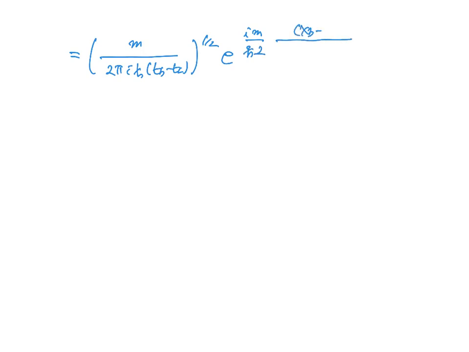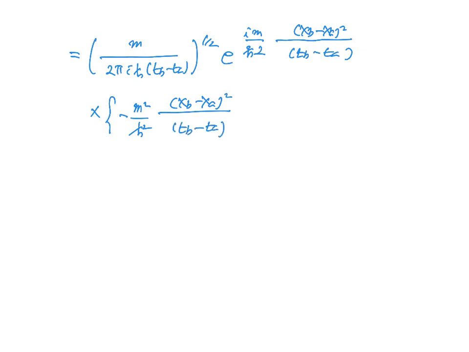So this can be combined as the following: m over 2 pi i h bar (tb minus ta) to the 1/2, exponential of i m over 2 h bar, (xb minus xa) squared over tb minus ta, times minus m squared over h bar squared, (xb minus xa) squared over (tb minus ta) squared, plus i over h bar, m over (tb minus ta).